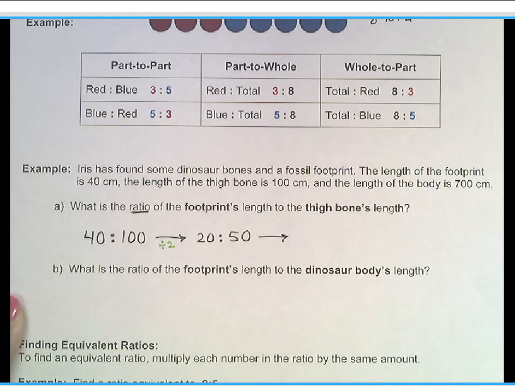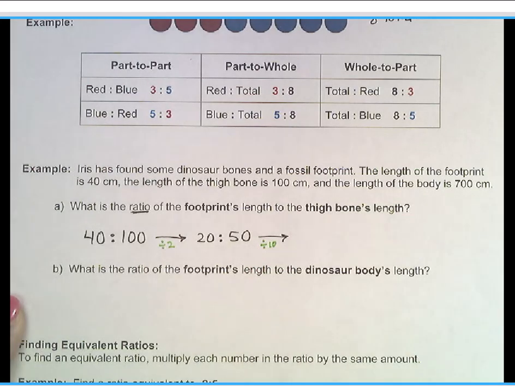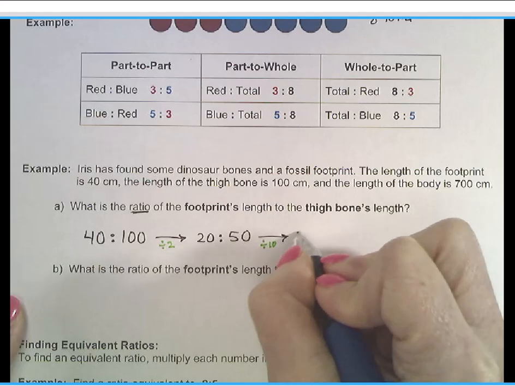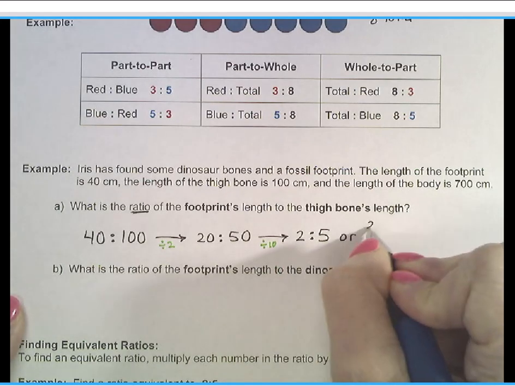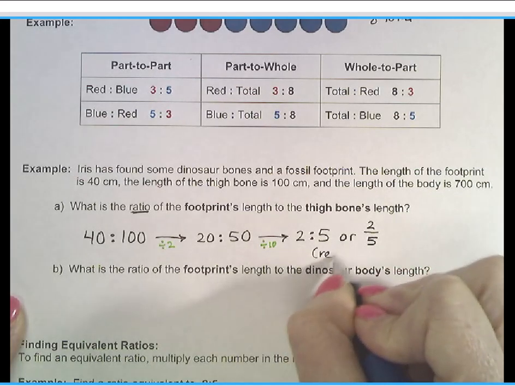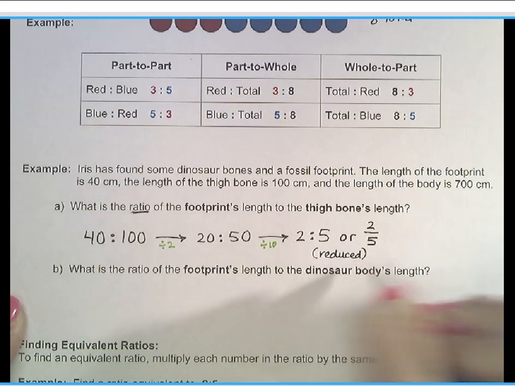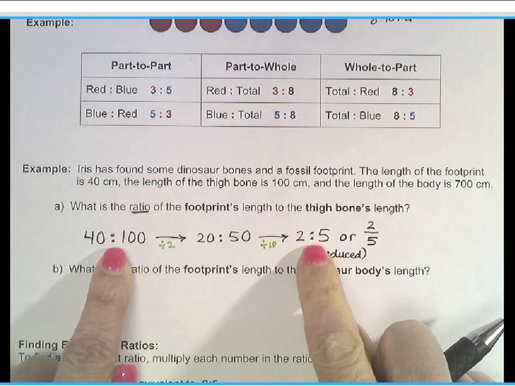In fact, I could divide by 10, or I could divide by 2, or I could divide by 5. Whatever. If I divide by 10, it's 2 to 5, or 2/5. Generally, reduced is preferred. But 40 to 100 is the same thing as 2 to 5.